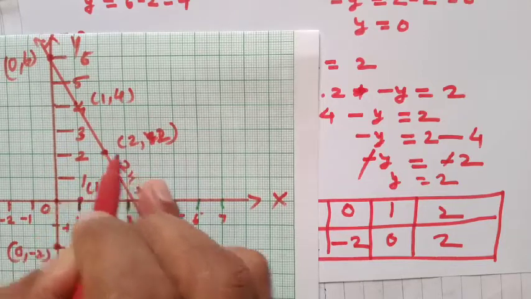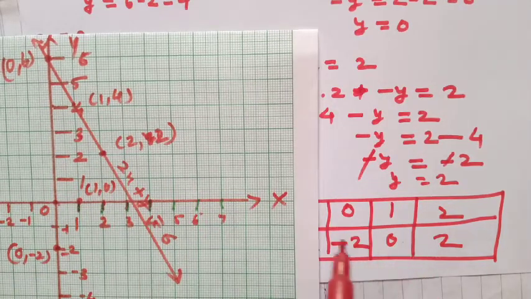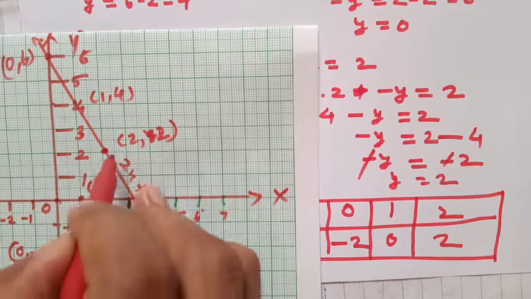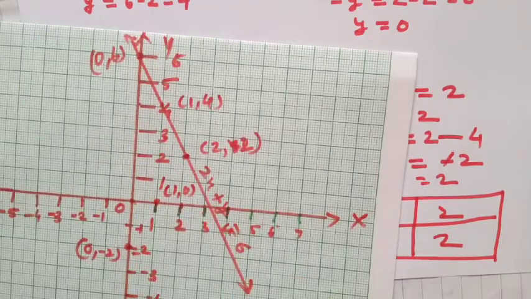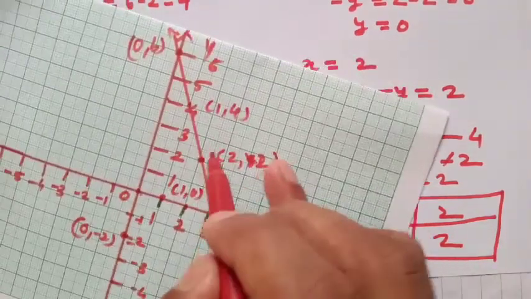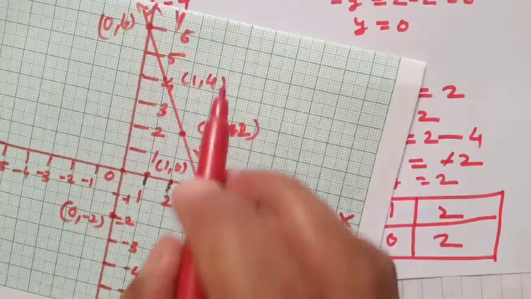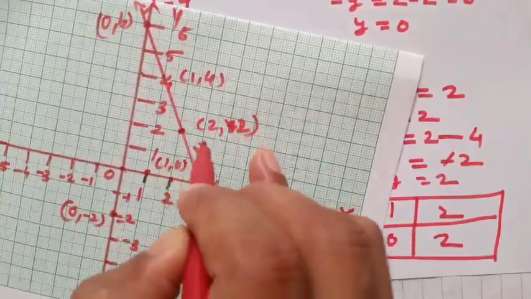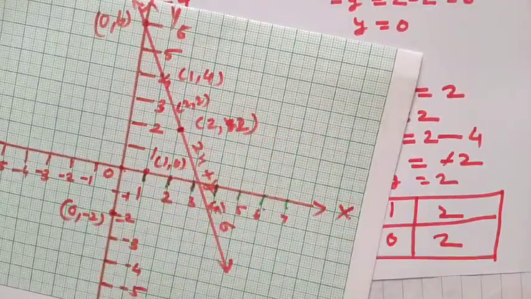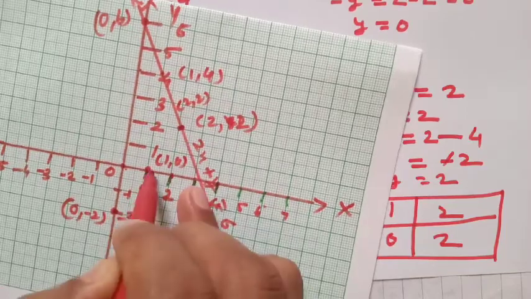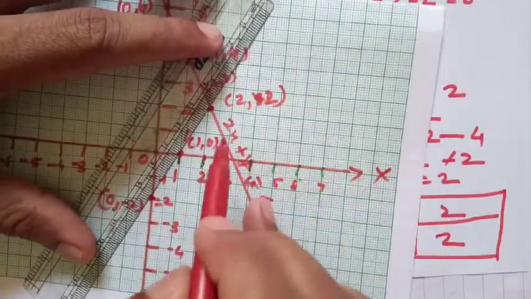You can write this point also on the linear equation if you want, otherwise you may have confusion, where is my third point. So your third point for the second linear equation is 2 and 2. Now join them: this is the first point, this is the second, and this is the third. So join it and draw the graph.